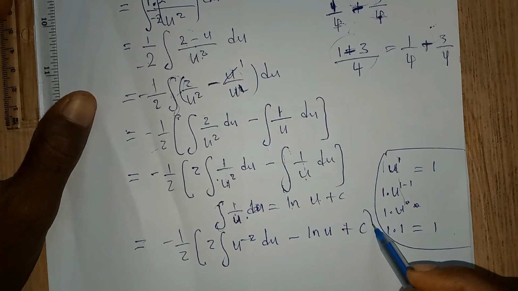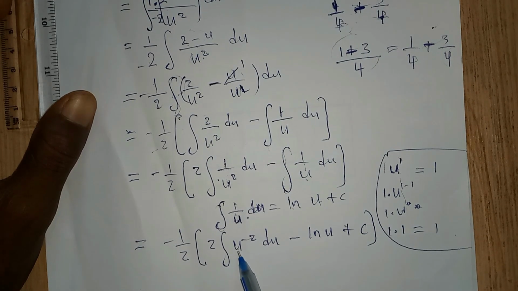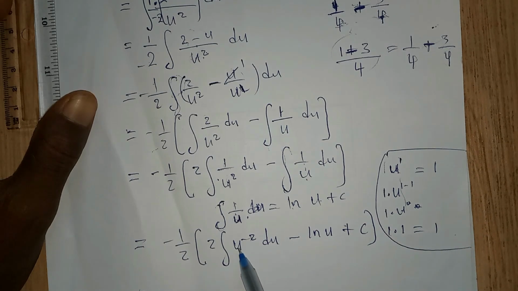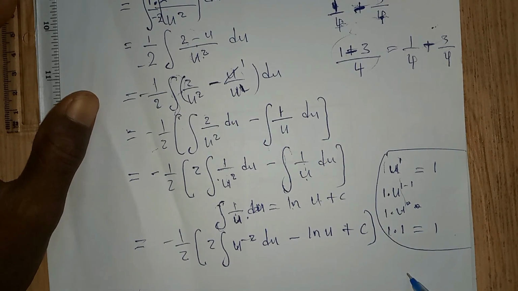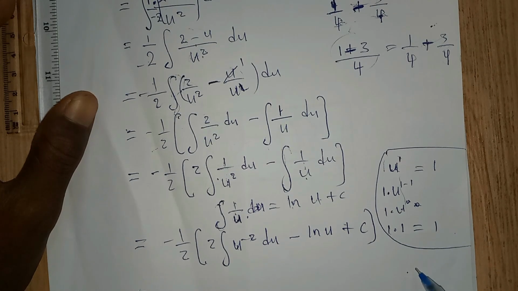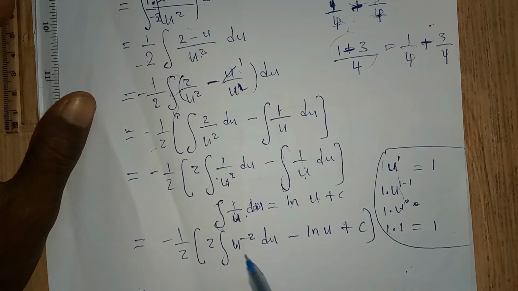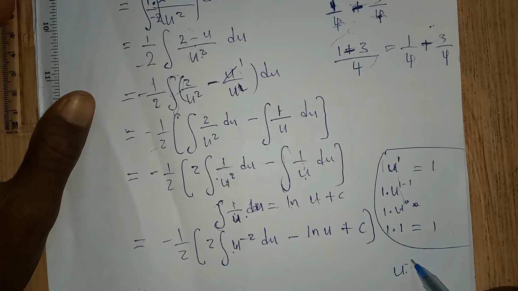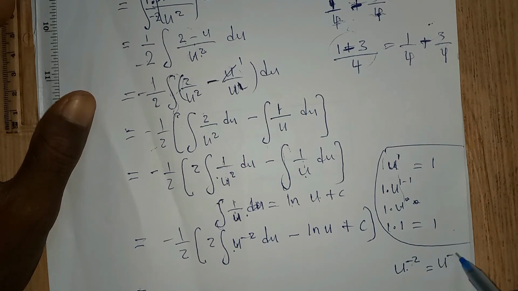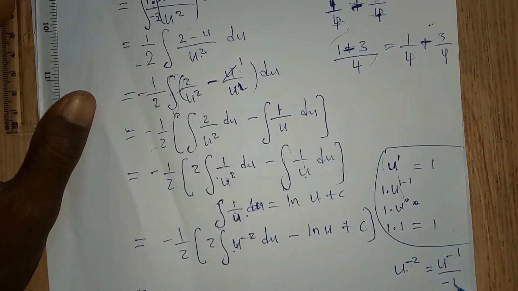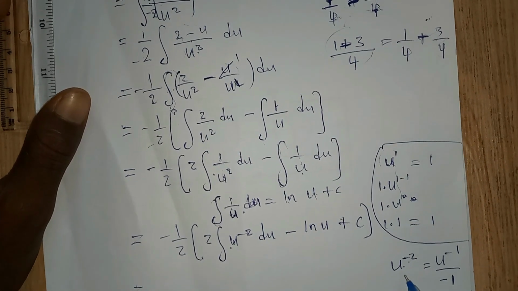From the general method of integration, to integrate this you increase the power by 1 and divide by the result of increasing the power by 1. So here you have u raised to the power minus 2. Increasing this power by 1, you have u raised to the power minus 1 over minus 1. That's just the basic rule in integration.